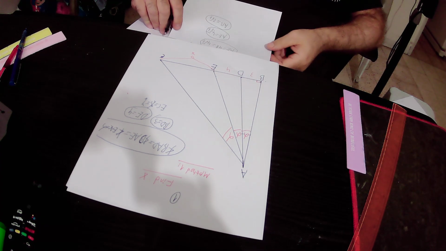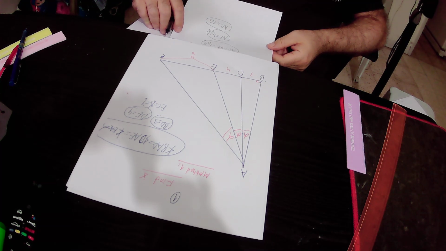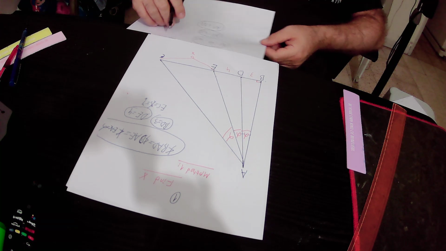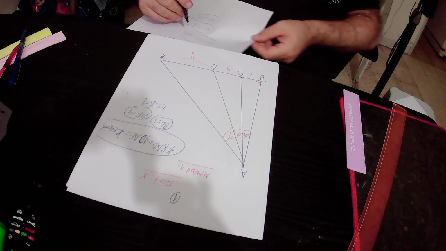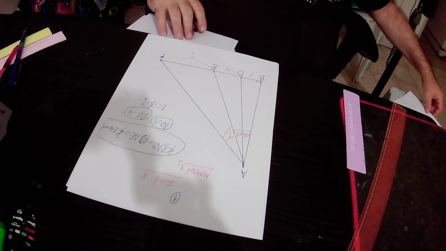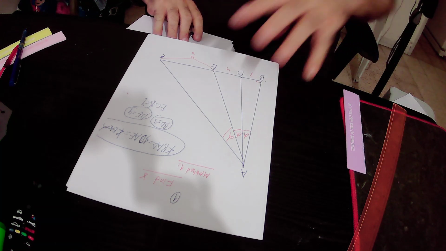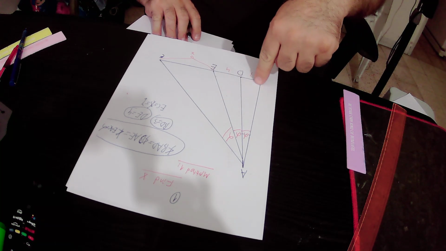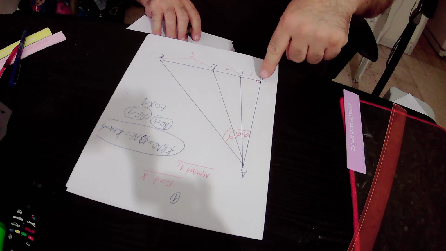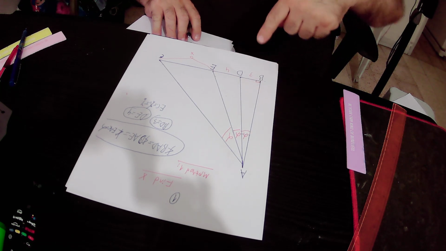Okay, so tangent 3 alpha in triangle ABC, in the right triangle. ABC is the right triangle because this angle equals 90 degrees.